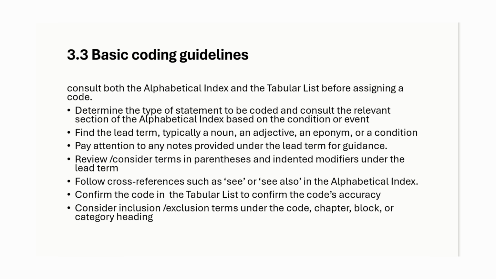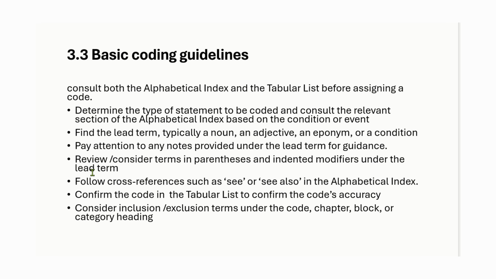Now, we'll finish this presentation by briefly going through the basic coding guidelines, which we recommend that you consult, using both the alphabetical index and the tabular list before assigning codes. You start by determining the type of statement to be coded, and you start by consulting the alphabetical index.